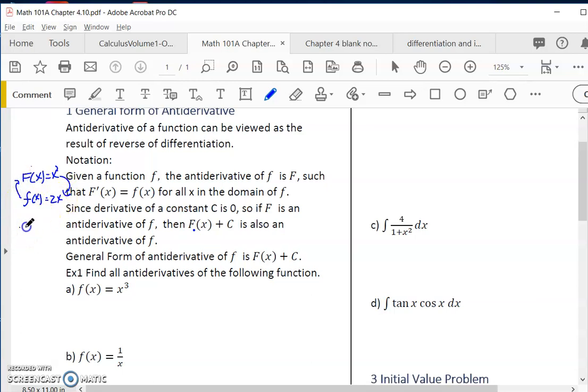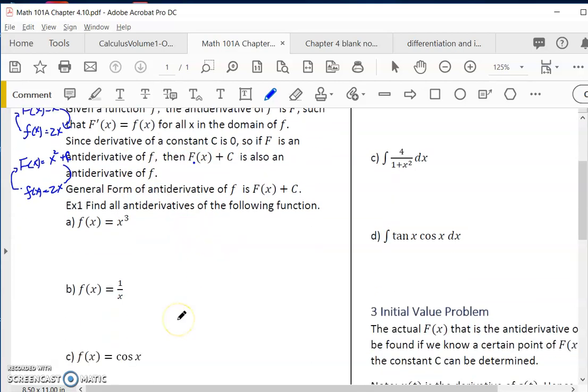But you can also notice that if I have x squared plus 1, when I do the derivative, I also have 2x. So I cannot really figure out if my original function is x squared or x squared plus 1, or actually x squared plus any constant c. So whenever you have an antiderivative big F of x, any c added to it is also an antiderivative of f. That is the special thing about antiderivatives.